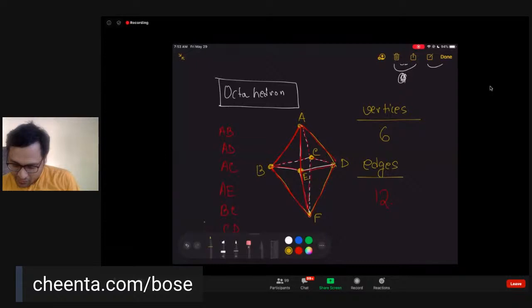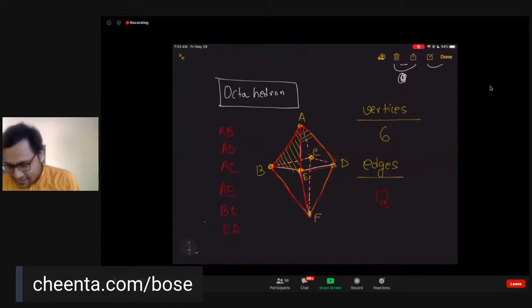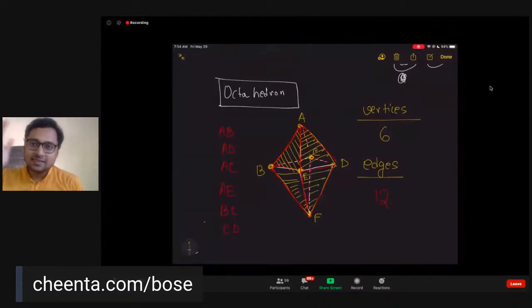So here you go. 8 faces. Somewhat like this. So I can only shade 4 of them, but you can see the remaining faces at the back end. So there are 8 faces.